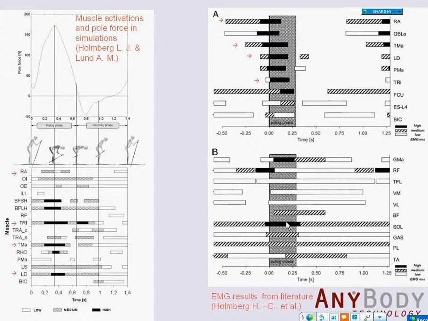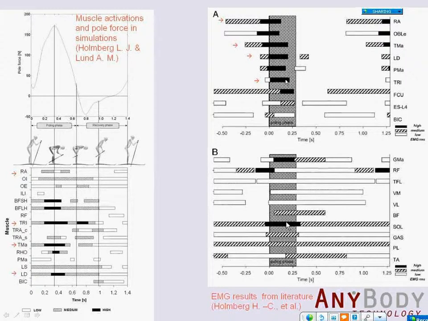If we start with the triceps in the ergometer simulation study, you can see the activation is around the peak pole force, and it's rather highly activated during the whole of the pulling phase, which is also the case here for the triceps in the roller ski study.